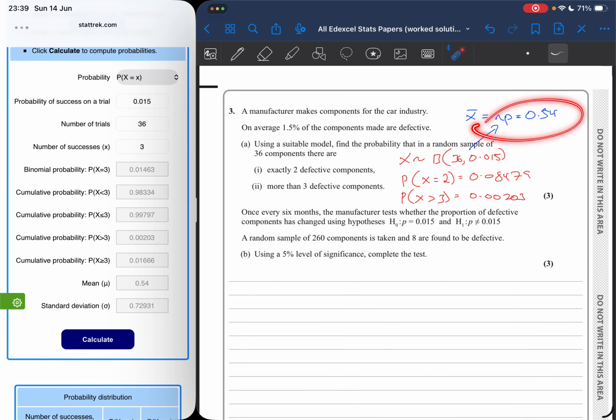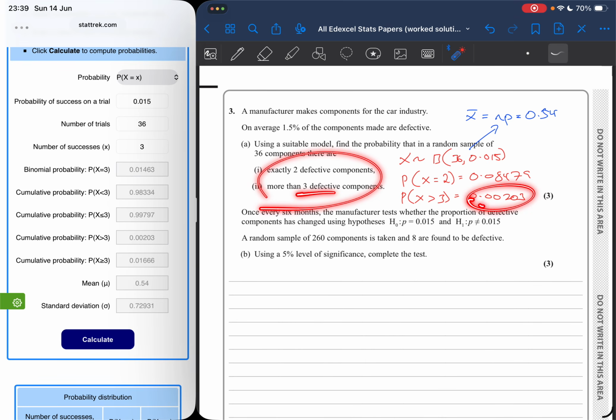So thinking in that way, getting bigger than 3 when you're expecting 0.54 isn't too bad, really. Do you know what I mean? It's a very small percentage, like 1 in 500, that is okay. There's that chance. If you did this 200 times, you'd expect to have more than 3 components be defective once.